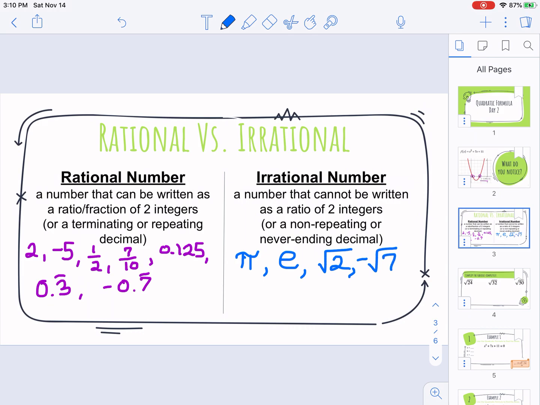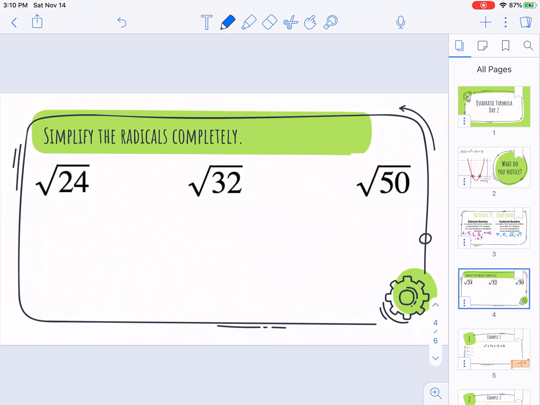So the quadratic formula can help us get rational and irrational solutions. If we want to simplify these radicals completely, for an example, the square root of 24 is not a perfect square. So first, I'm going to write 24 and list the factors. The factors of 24 include 1 times 24, 2 times 12, 3 times 8, and 4 times 6.